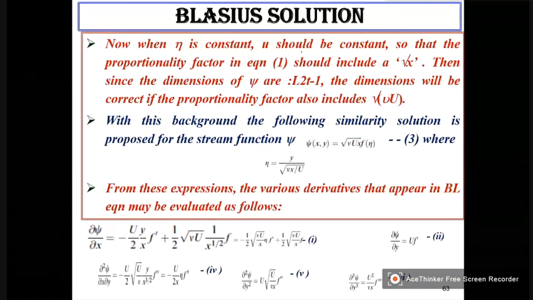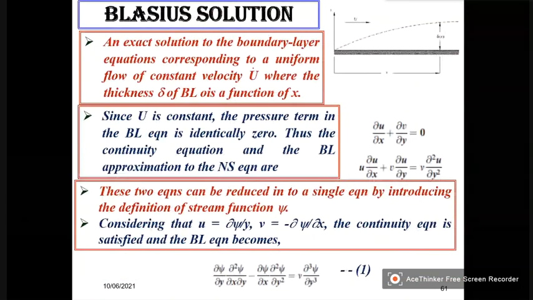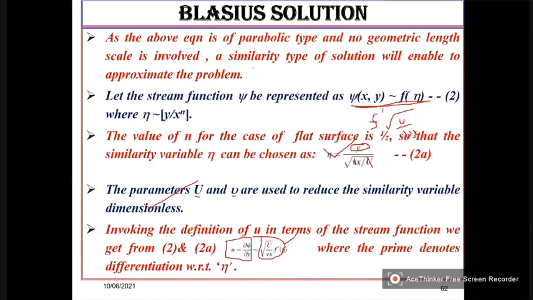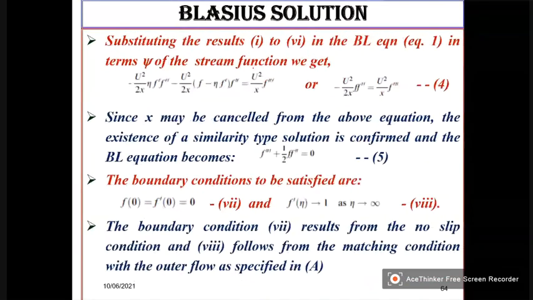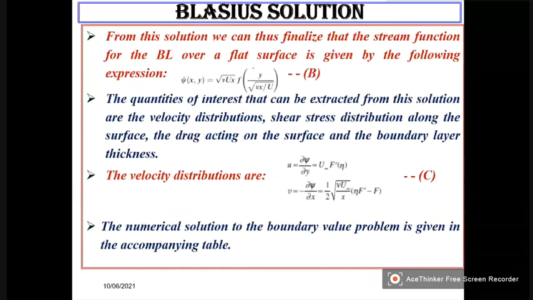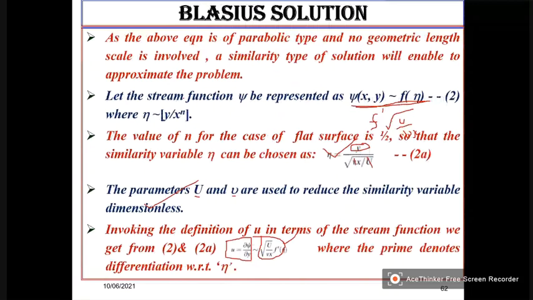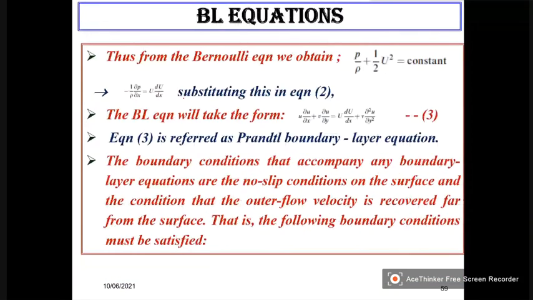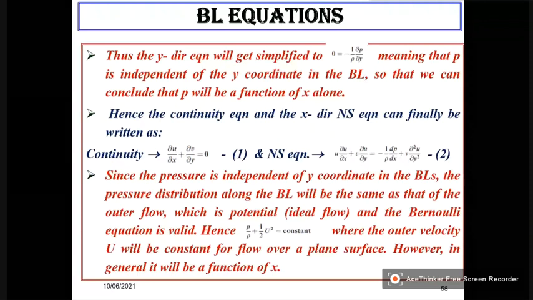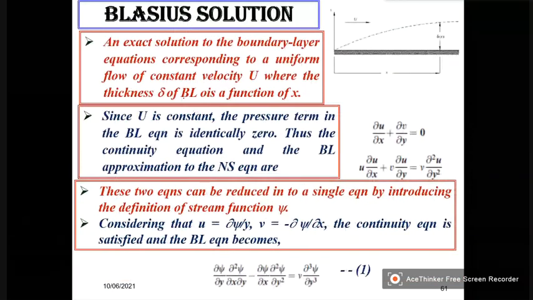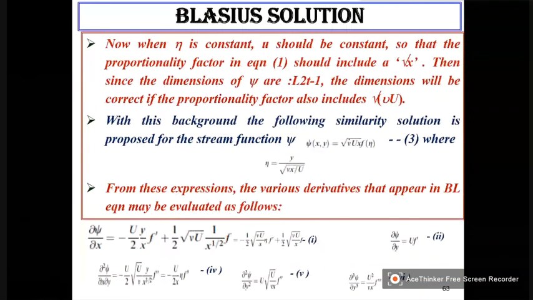Now when eta is constant, u should be constant. So the proportionality factor in equation 1 should include a square root of x.